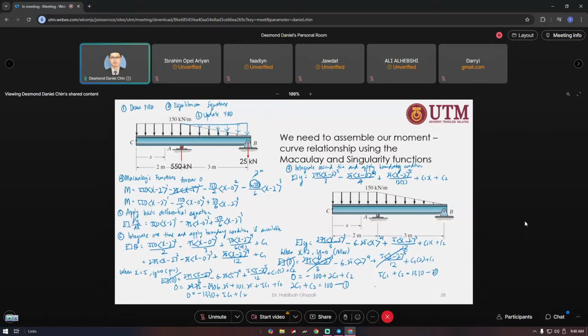I will get my C1 equals to 410. C2 equals to negative 720. Press your calculator, you will get your C1 and C2.